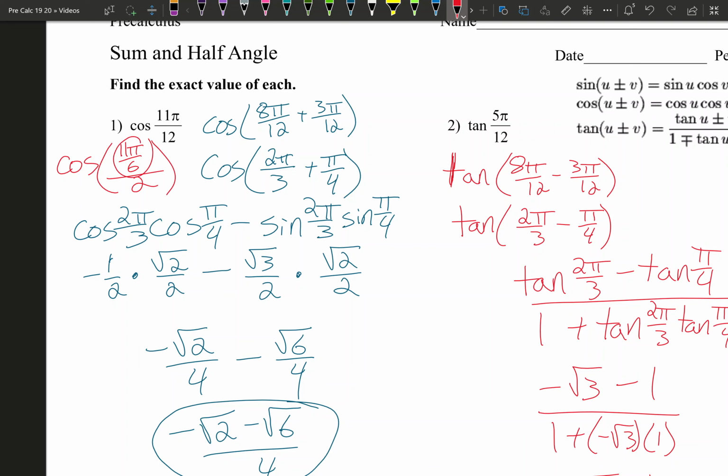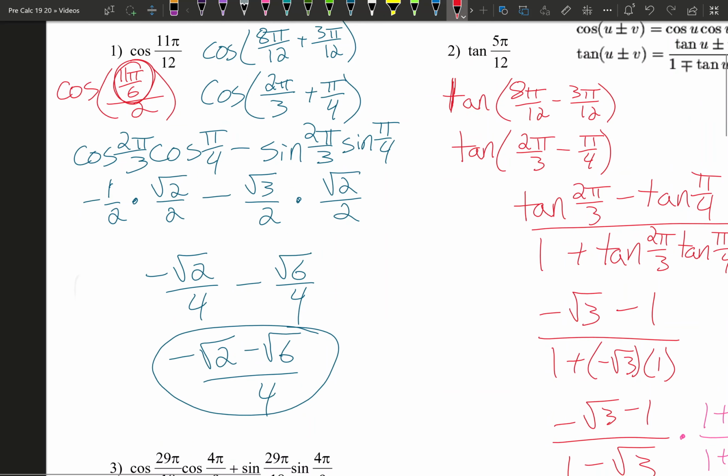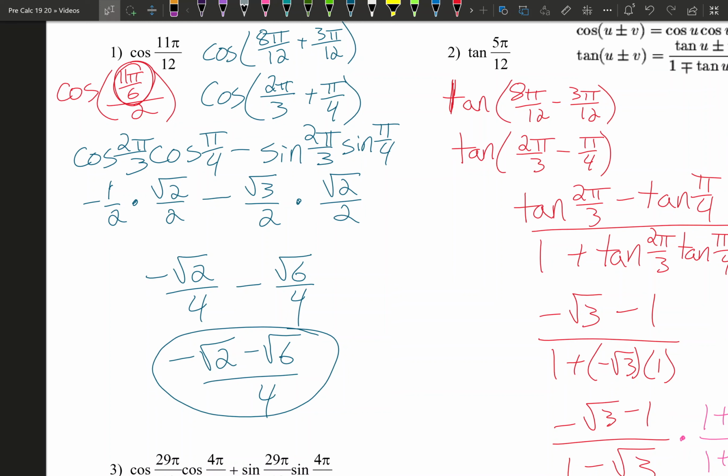Use your half angle identity and just use pi over 6 as the angle you're substituting in. You will end up with an answer that looks different than negative square root of 2 minus square root of 6 over 4, but it is going to be equivalent.